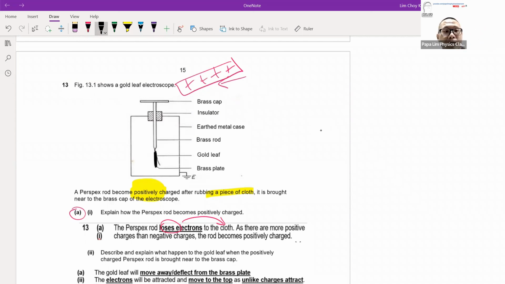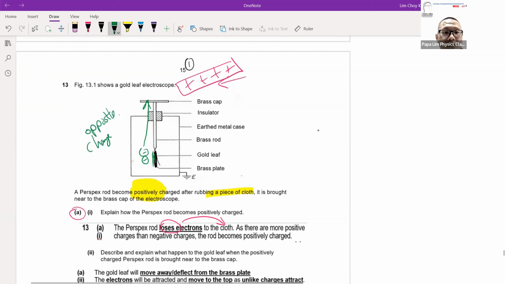What happened when the Perspex rod moved nearer to the brass cap? The free electrons in the gold leaf and the brass plate, the negative charges, will be attracted towards the Perspex rod. Why? Because opposite charges attract.